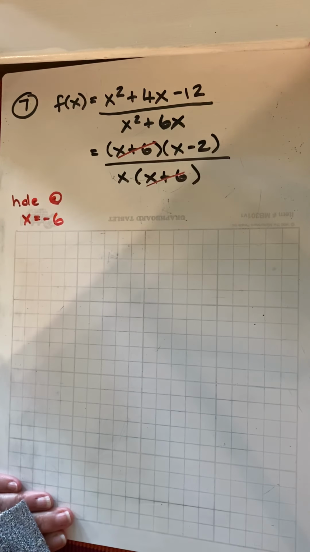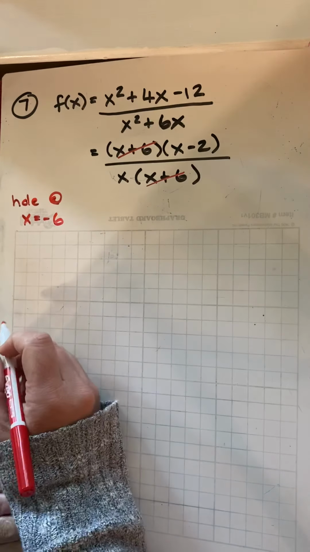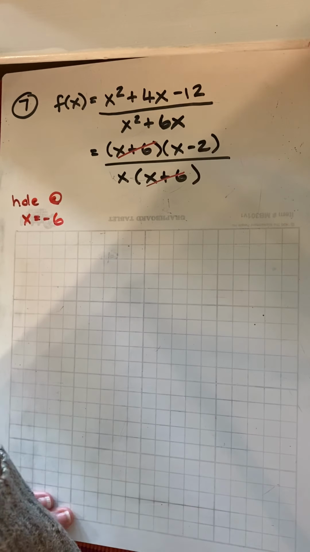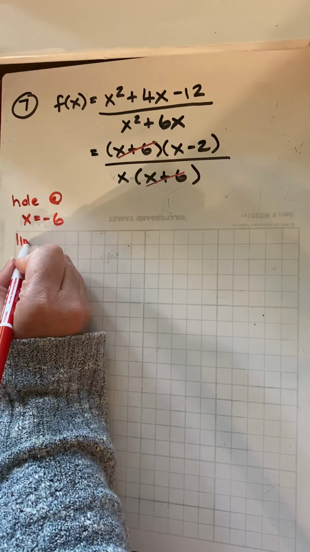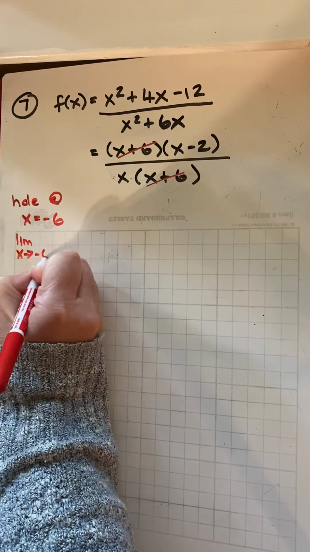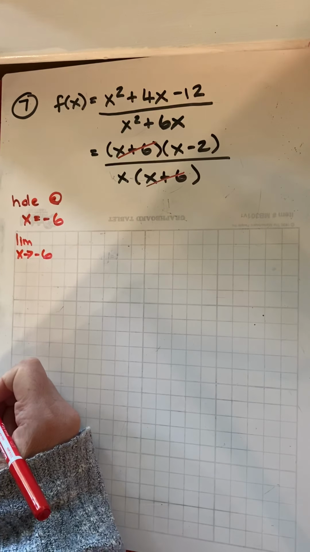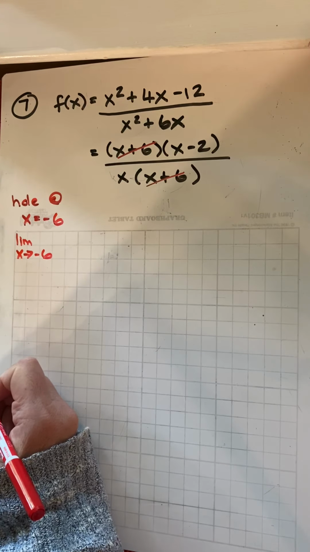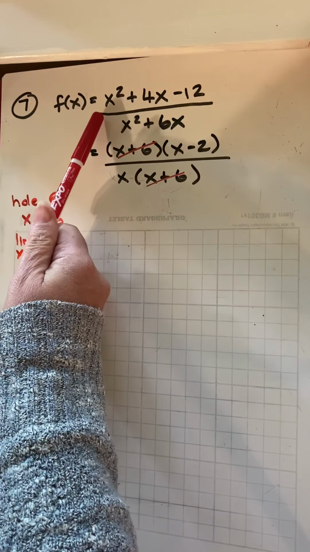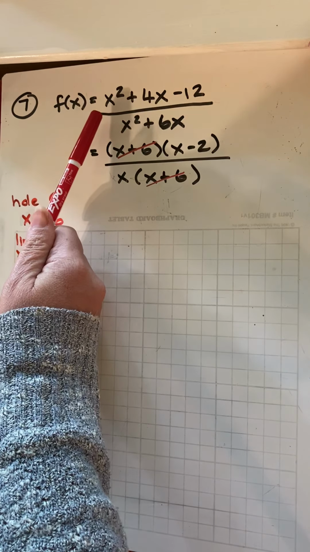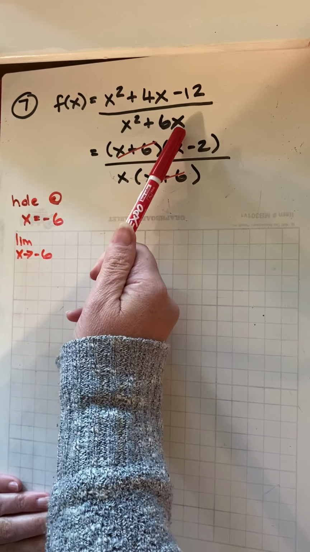And then you need to determine the y value when that would happen. You cannot actually ever get to -6, so you're going to use the idea of a limit. You would figure out what is the limit of that function as x goes towards -6. If you were to do that with the original function, you can try to substitute in -6. It's going to give you an undefined value.